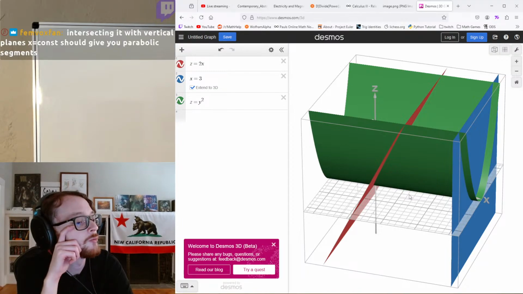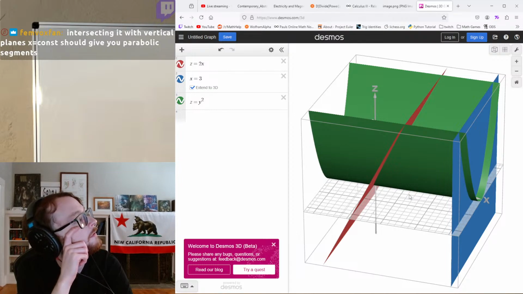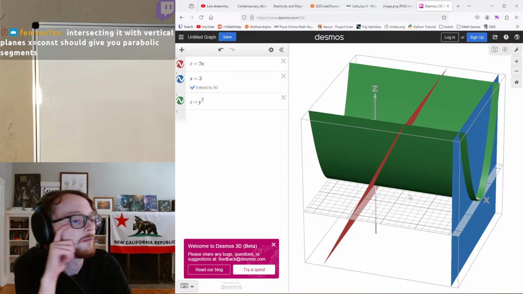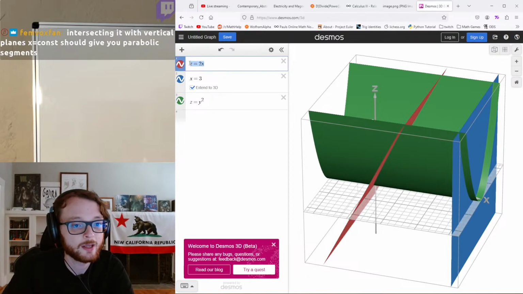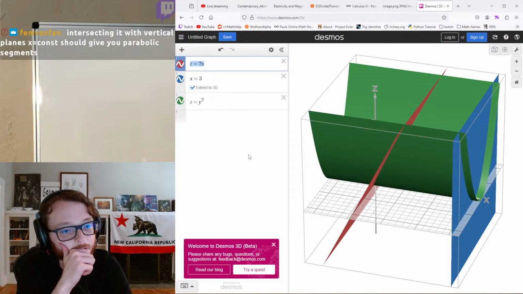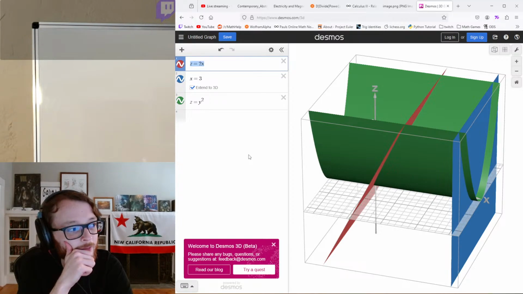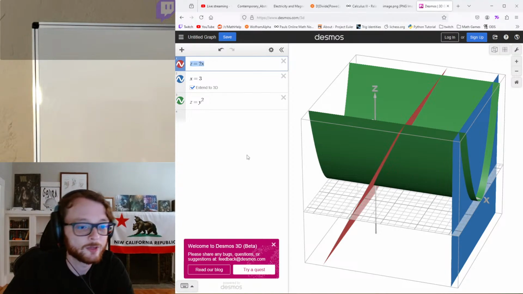Well, then how do I draw... where I get stuck with that is, how do I draw z equals 2x? That's what was beating me every time when I tried to do that.